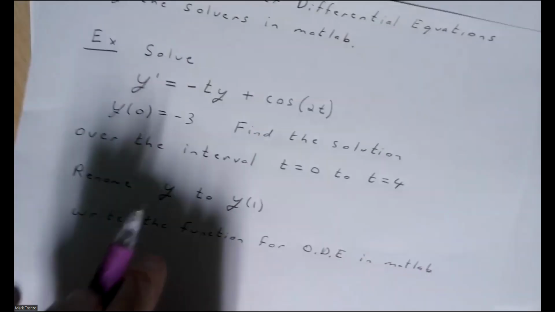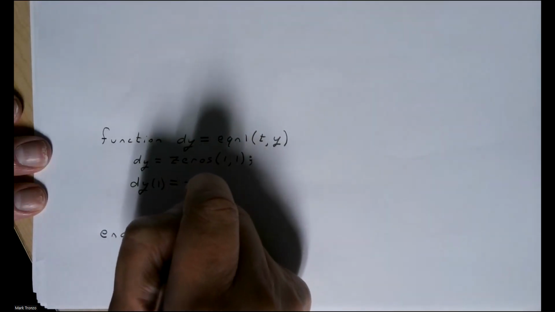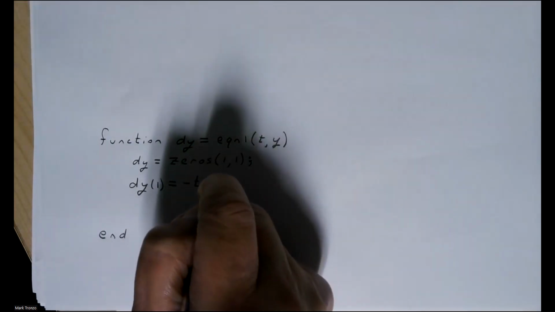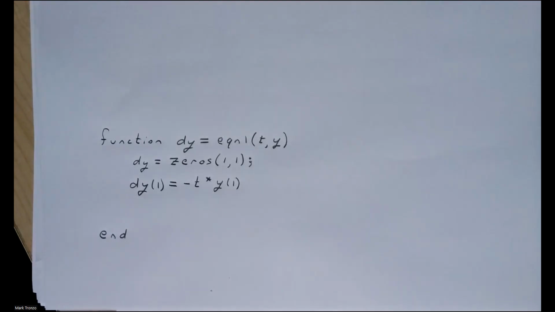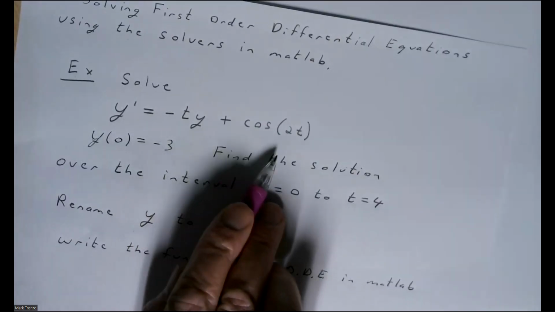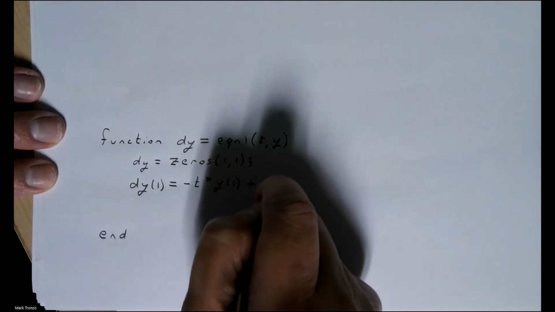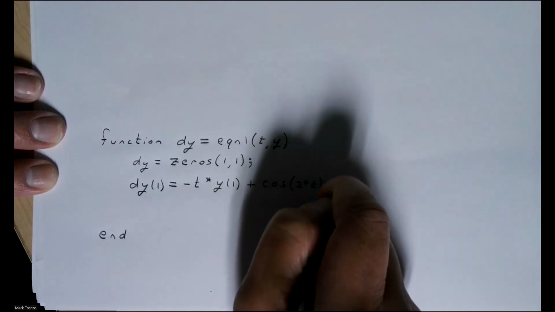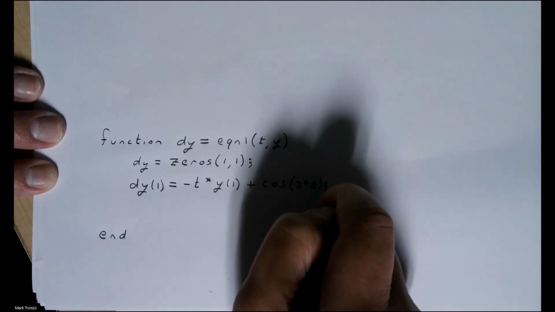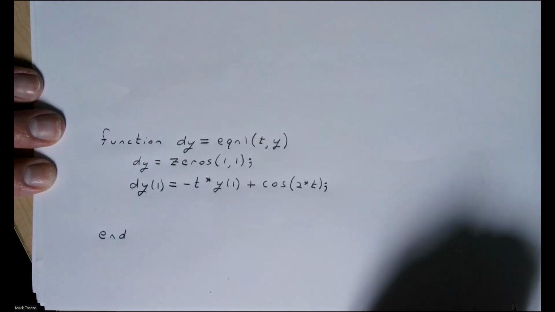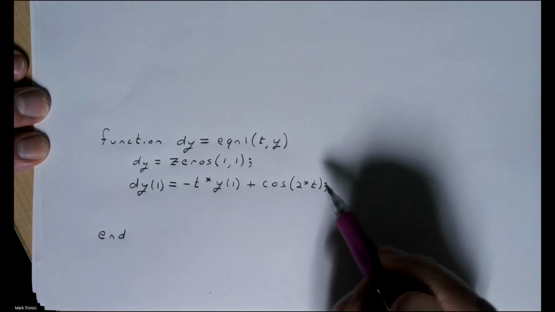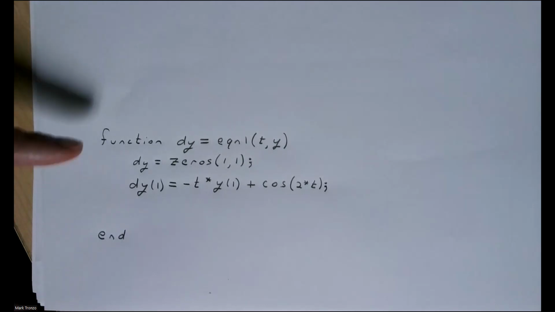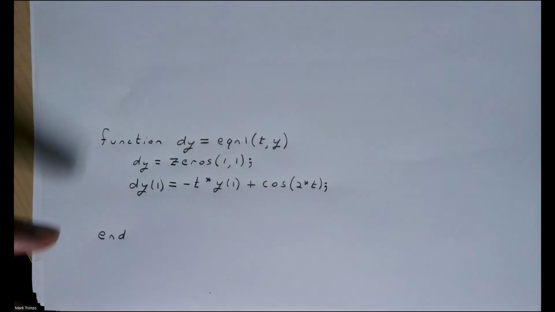Then write your differential equation: negative t times y, but now that's y1, plus cos of 2t, which is cos(2*t). Then again, suppress the output by putting a semicolon. You don't have to do this, but I usually do. So this is our routine, our function for our differential equation.